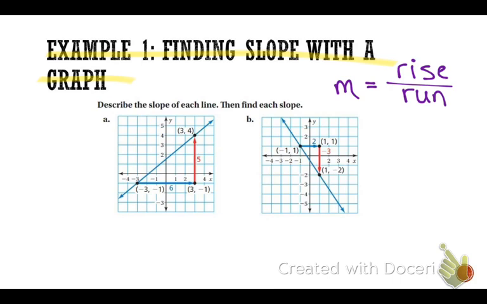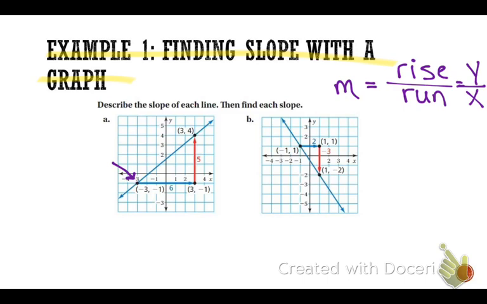Now, we need to think of rise over run in terms of X and Y. So, this is really important, guys. Rise is my Y values. Run is my X. So this is Y over X. What do I mean by that? Between the 2 points, from left to right, does everybody agree?